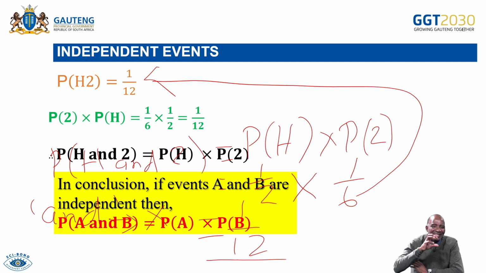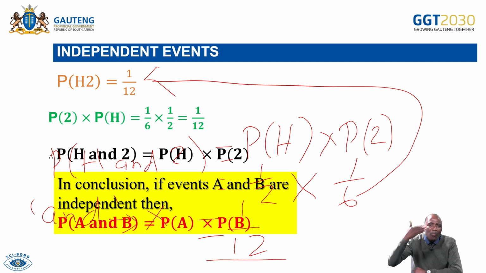So you need to understand the product rule. It's a very important rule which states that if events are independent of each other, the occurrence of one does not affect the other. Therefore, the probability of A and B, we are emphasizing 'and' there, is the same as the probability of A multiplied by the probability of B. That's what we mean by independent events.